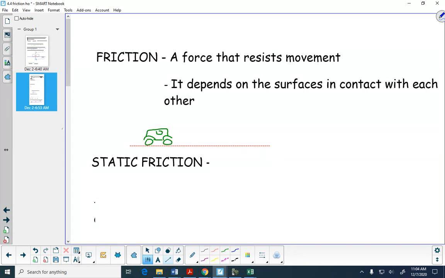If we hit the brakes here, it stops the tires from moving. That's all the brakes do. It stops the tires from moving. The contact between the surface and the tires is what makes the car stop moving.